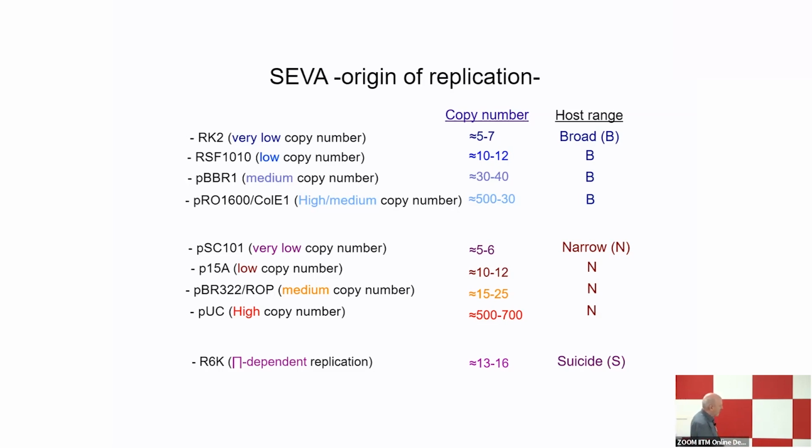There is one specific type of origin of replication that is quite interesting, and I will return to it a bit later: the origin of replication of vector R6K.